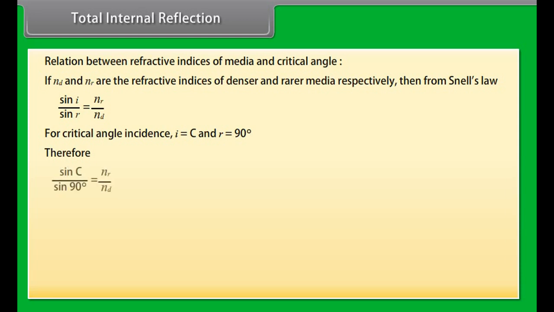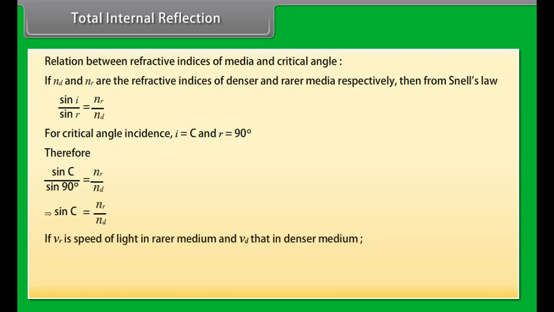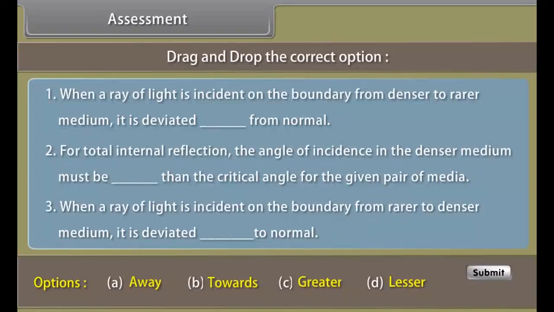Therefore, sin C / sin 90 degrees = nR / nD. It implies sin C = nR / nD. If vR is the speed of light in the rarer medium and vD that in the denser medium, then sin C = vD / vR.